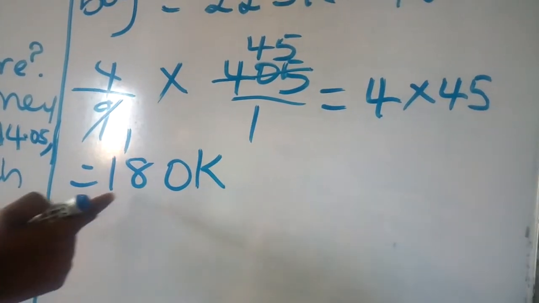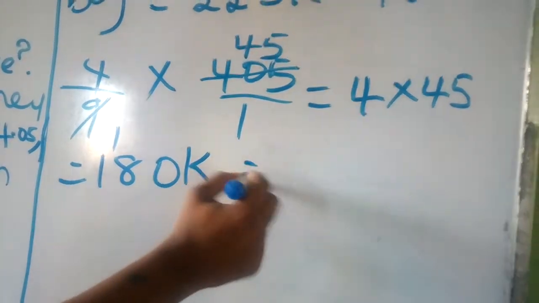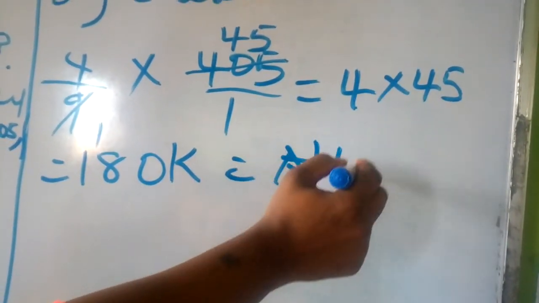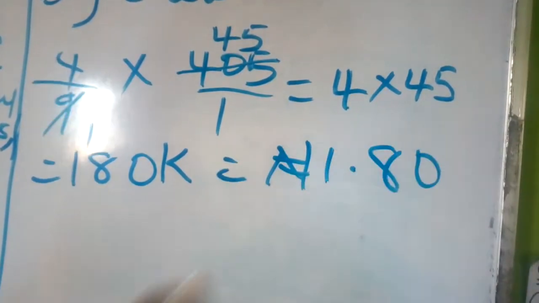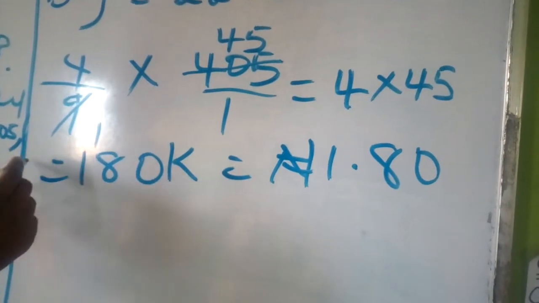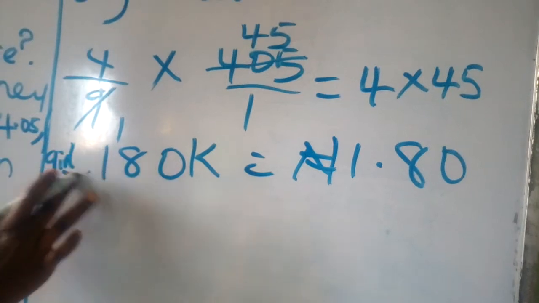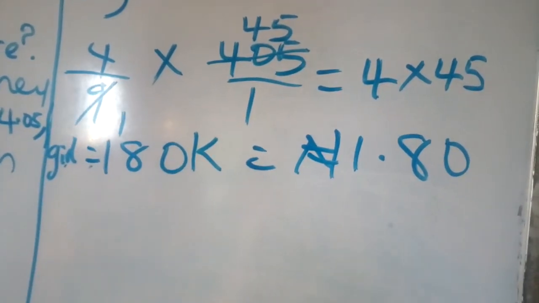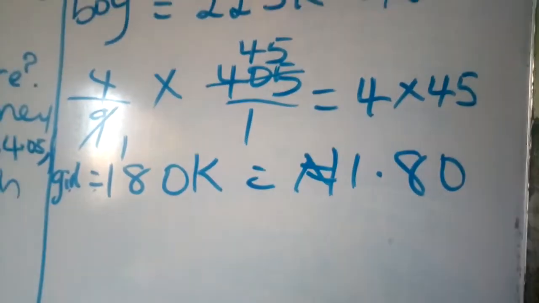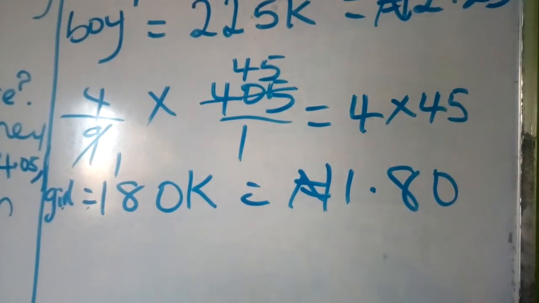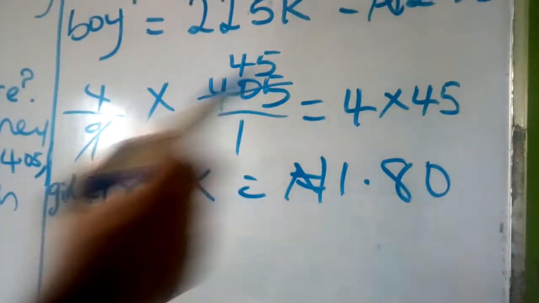Now if we change this 180 kobo to naira, it becomes 1 naira 80 kobo. So this is for the girl. The girl's share is equal to this. Now if you want to check if your answer is correct, you add these two together.